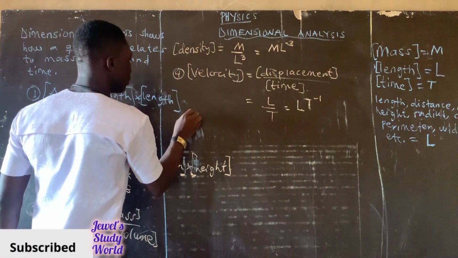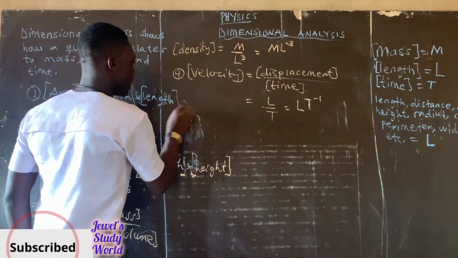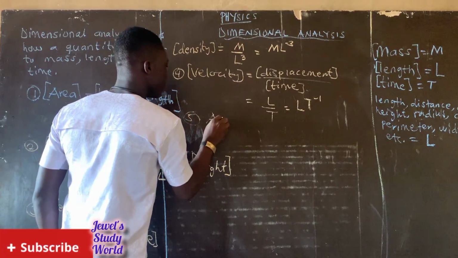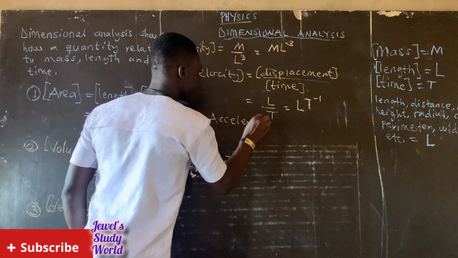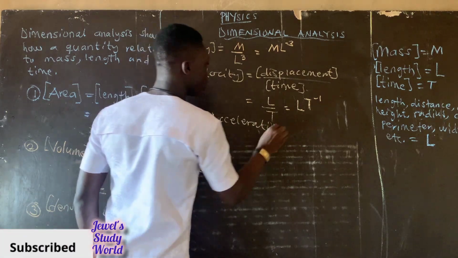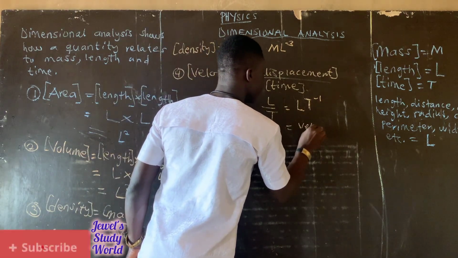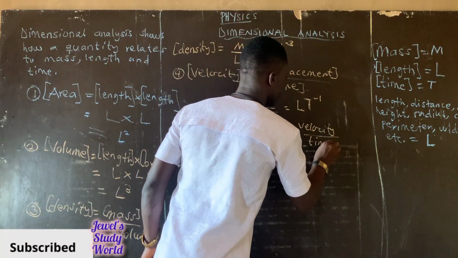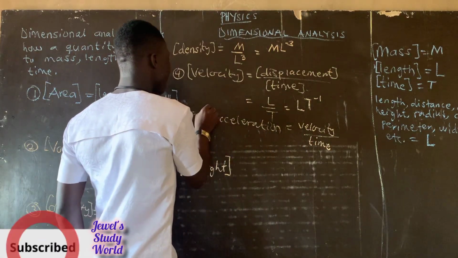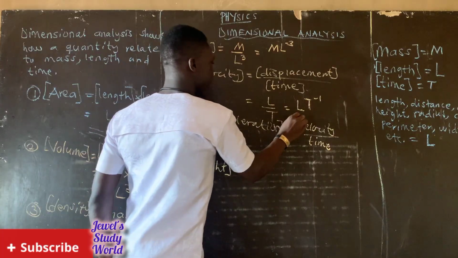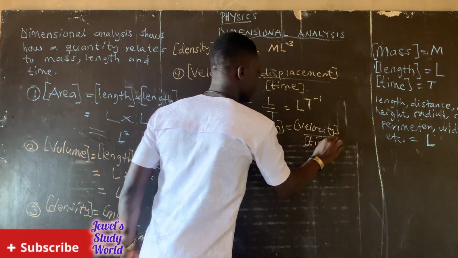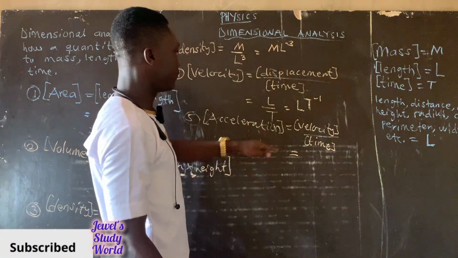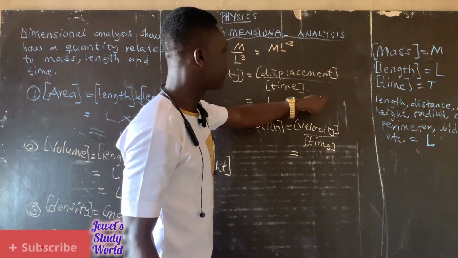Now let's see acceleration. Acceleration is equal to velocity over time. So the dimension of acceleration is equal to the dimension of velocity over the dimension of time. And what is the dimension of velocity? I have LT negative 1.